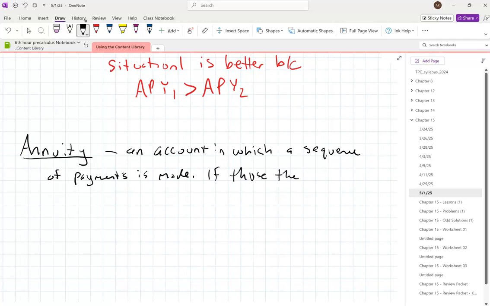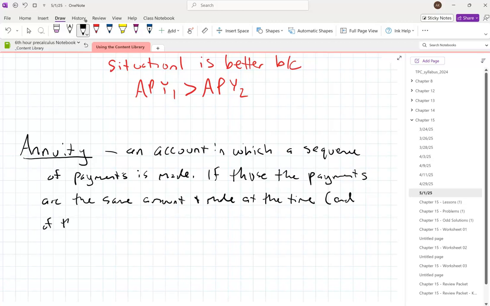If those payments are the same amount, and made at the same time, i.e. like the end of every compounding period, we call this a regular annuity.